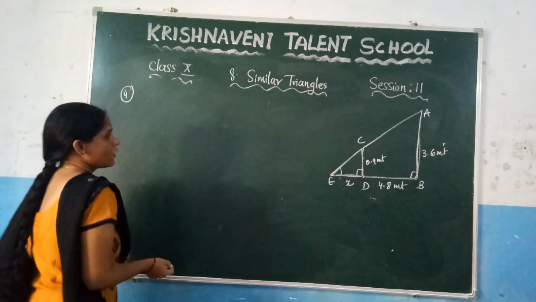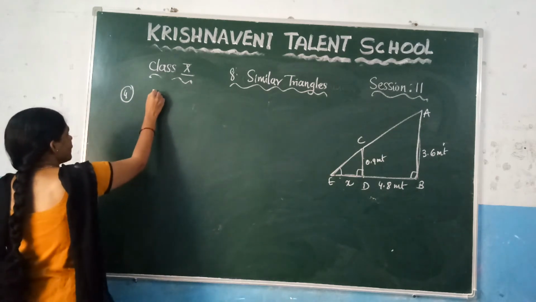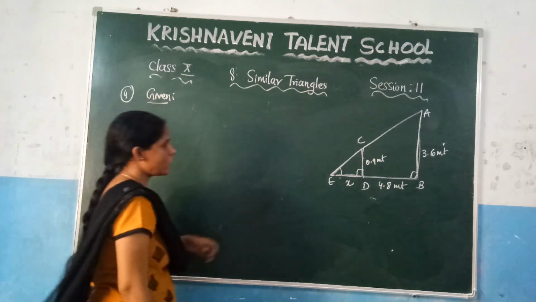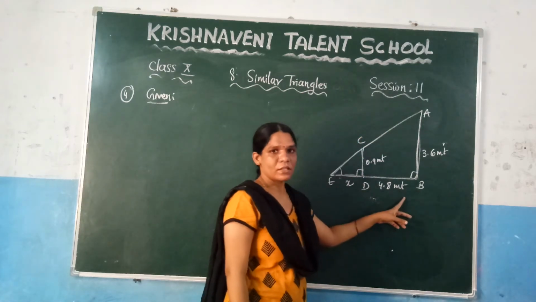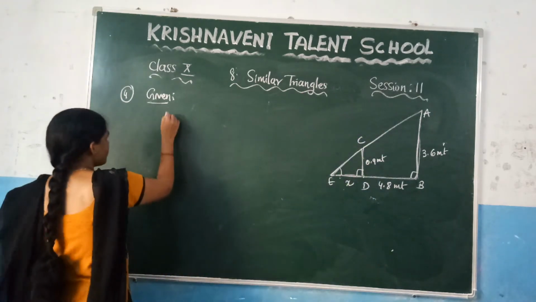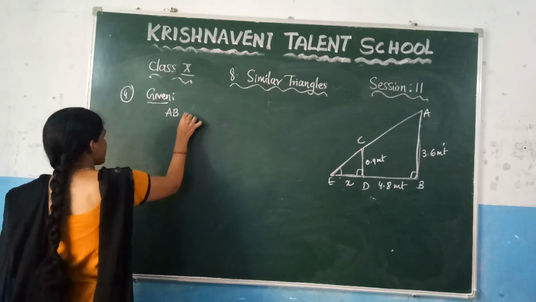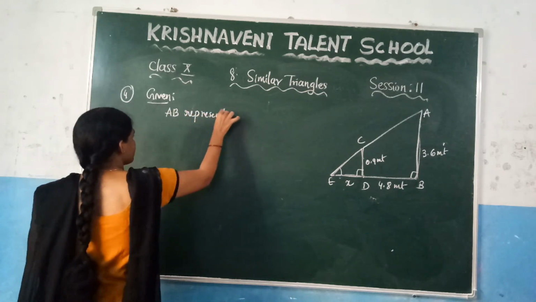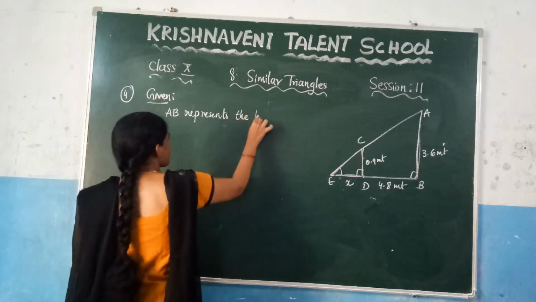So here how to write this one? Given, what is given here? AB is nothing but the height of the lamp post. So given AB represents the height of the lamp post.